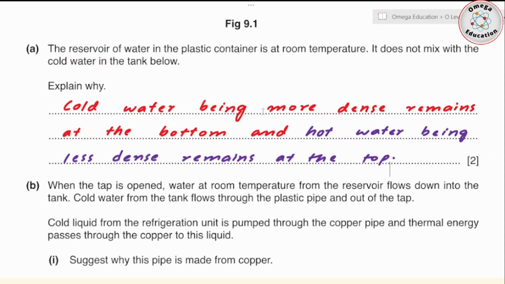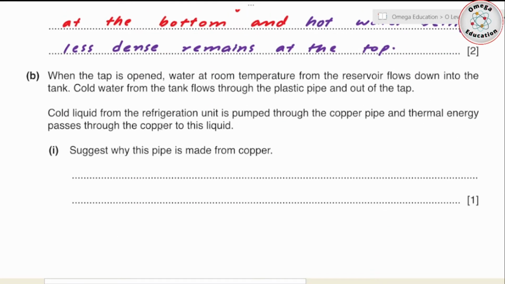Practically there would be some hot water molecules that would be going towards the bottom, and meanwhile their temperature would also be changed. But overall, by and large, cold water molecules would remain at the bottom and hot water molecules would remain at the top.